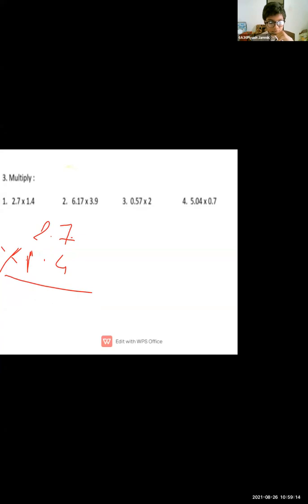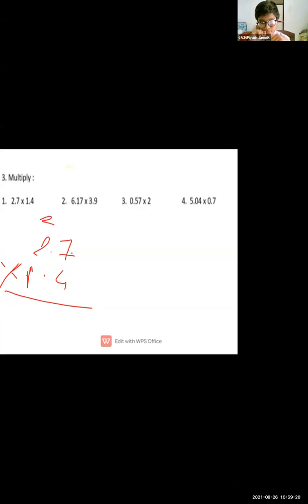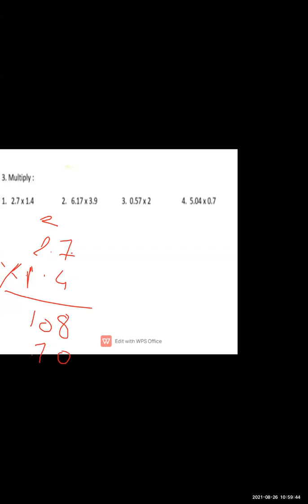Yes. 4 twos are 8 plus 2, 10. Yes. 1 seven is 7. 1 two is 2.